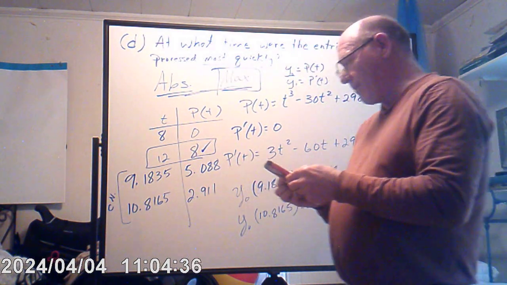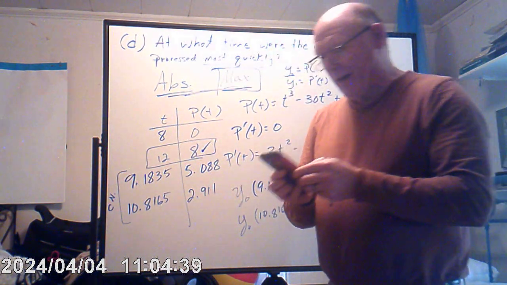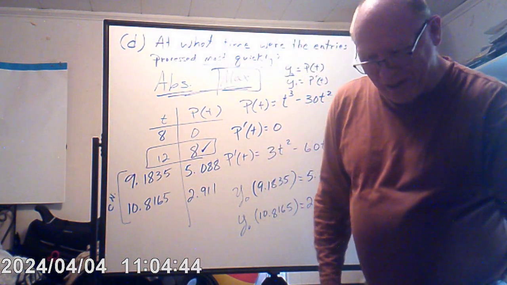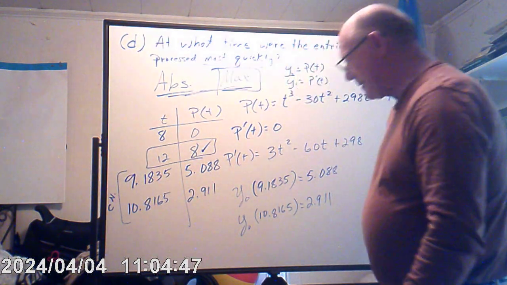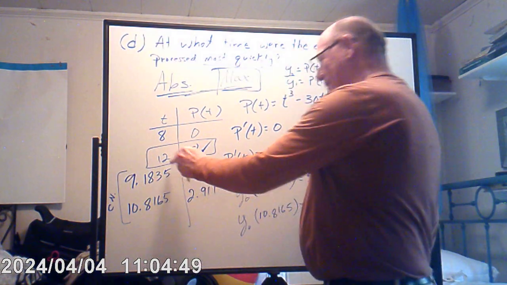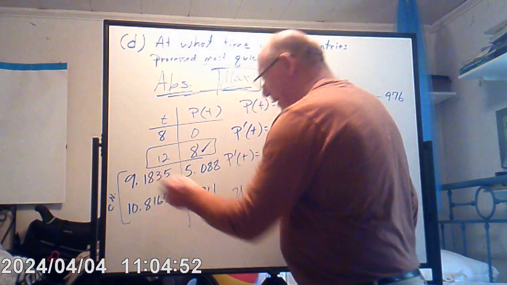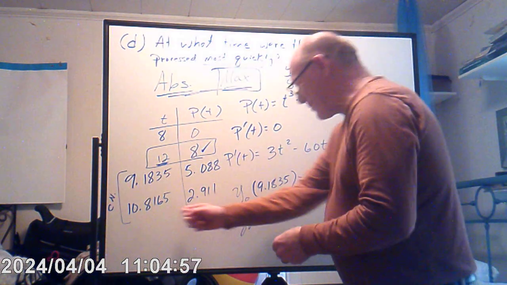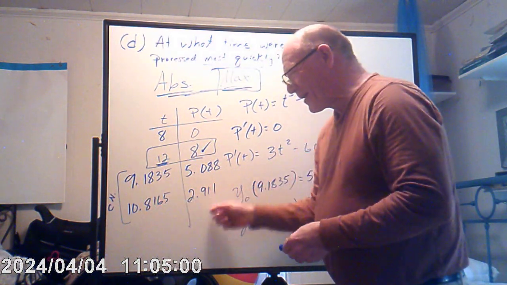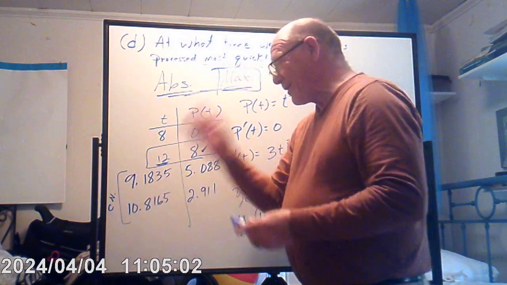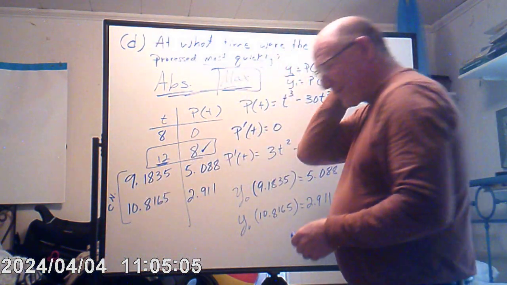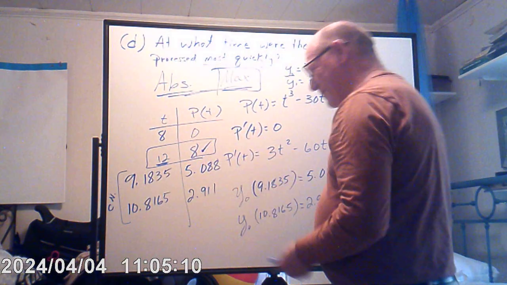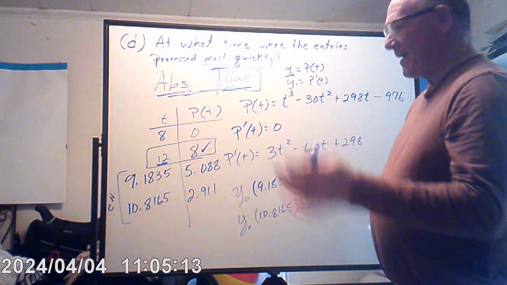Sometime around 10:49, right at 10:48.99, which is about 10:49 p.m. No, that's wrong, 12 p.m. I don't know why I said that. 12 a.m. Okay, there we go. I don't know why I was thinking this would be about 10:49. This is just shortly after 9. I'm not going to even begin to figure that one out. But you just take 0.1835 times 60, and you'll get what time it was. I'm just having a little fun with that.